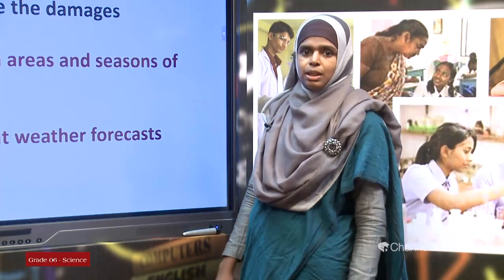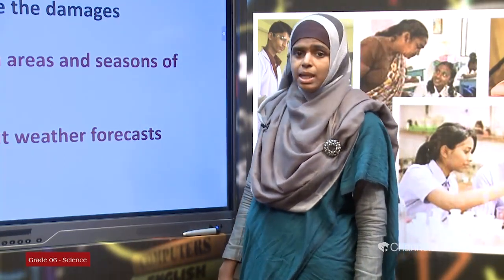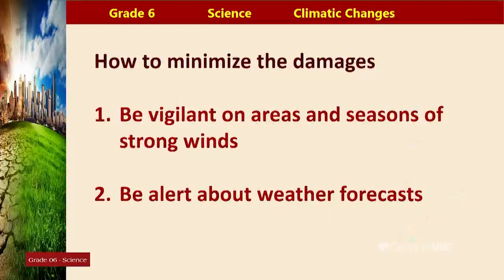Let's see how to minimize the damages. How to minimize the damages of a cyclone, children. Yes, what we can do, if we are living in an area with strong winds, we can be vigilant about seasons and strong winds.